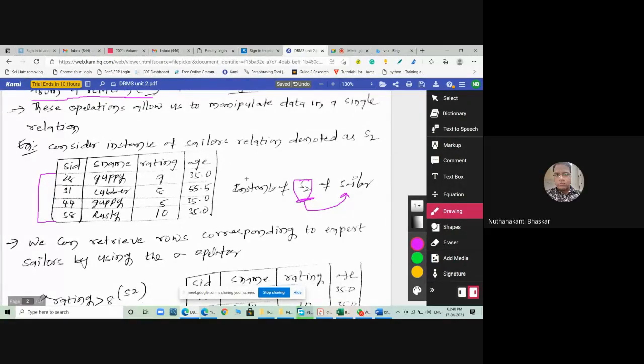Now we are going to extract the data with the help of relational algebra. We discussed only two, right? One is selection, another one is the projection. Now I want to display the sailors who are having, please note down in your book.